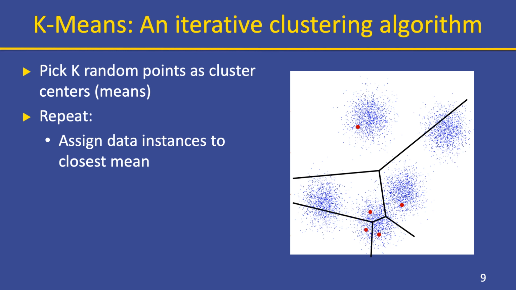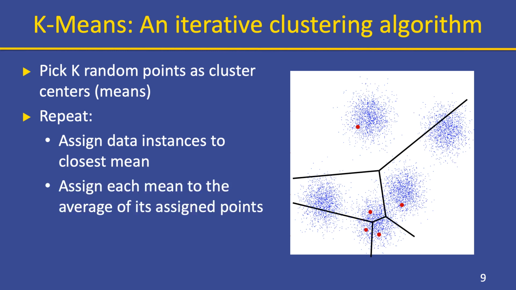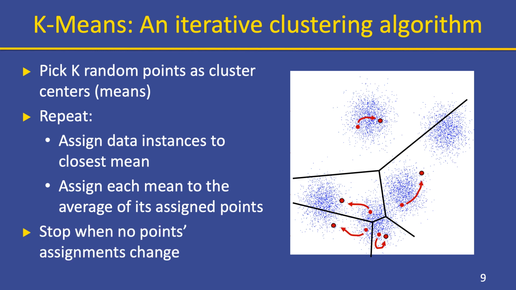So now we have this. Step 2, we move each cluster center to the center of the points that are assigned to it. So we move our red dots to the center of the points that are assigned to them. And we keep doing this until there are no more changes.